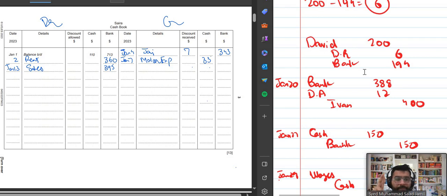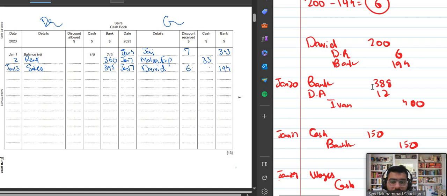Okay. Now we have Jan 17th, debit, discount received and bank. So Jan 17th, we will write debit over here. How much discount was received? It was 6. Okay, good. How much did we pay? We paid 194 through the bank.